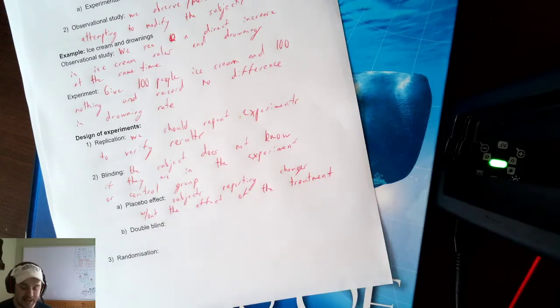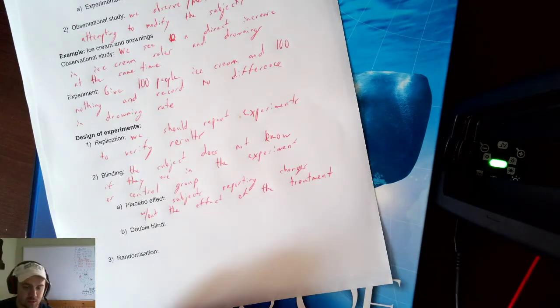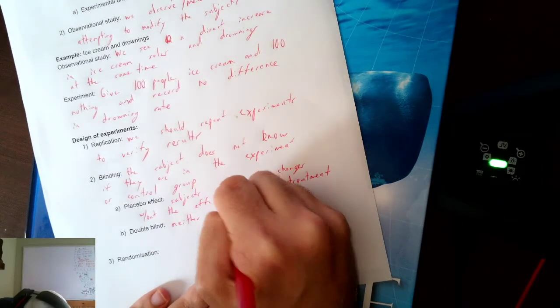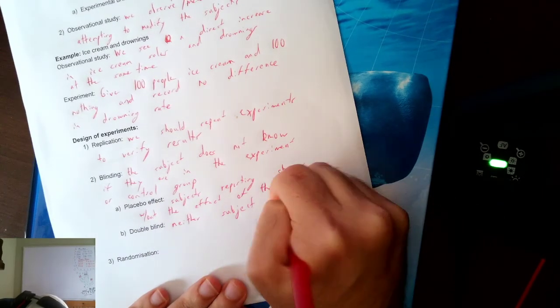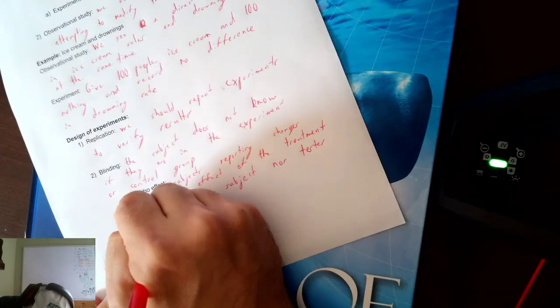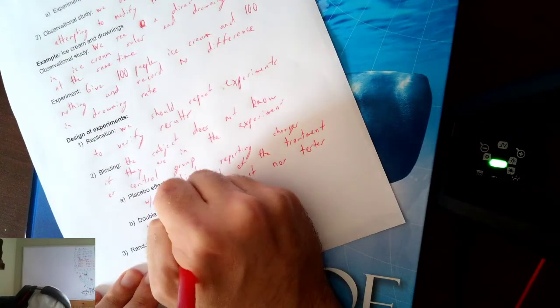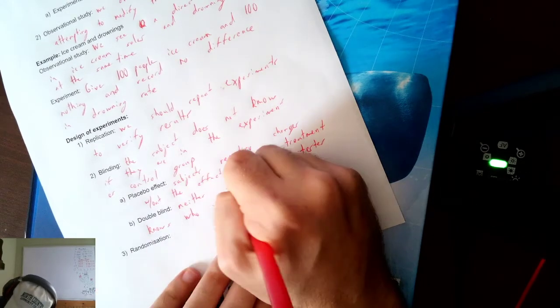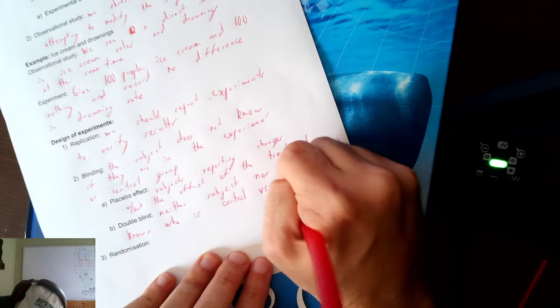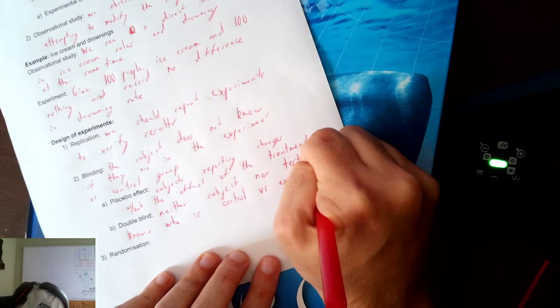Now, a double blind is when neither experimenter nor subject know who's in which group. Neither subject nor, I'm going to use the word tester, knows who is control versus experiment group.